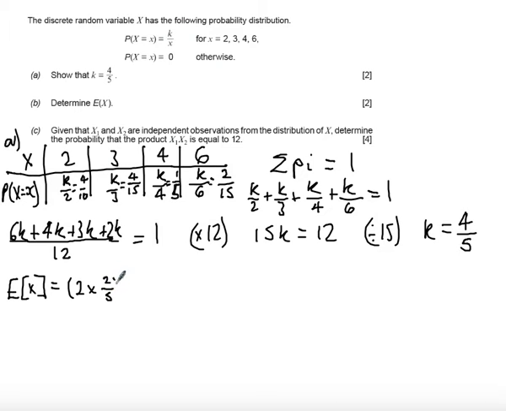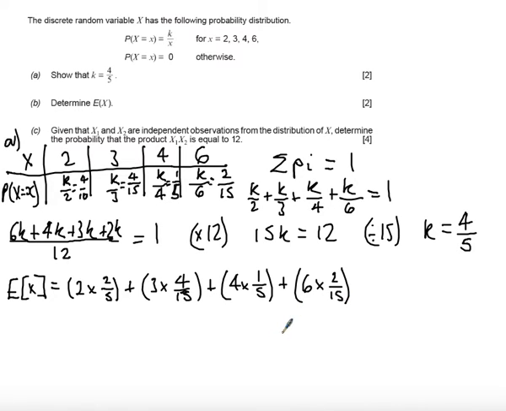So 2 times 2/5 plus 3 times 4 over 15 plus 4 times 1/5 plus 6 times 2 over 15. Make sure you show your working. If we work through this and calculate this on your calculator in one go, you should get an answer of 3.2.